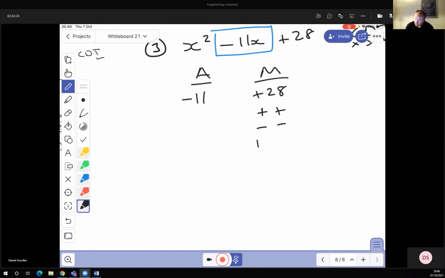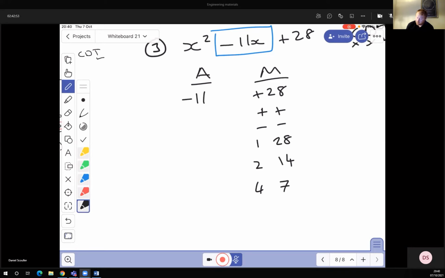All the factors: 1, 28, 2, 14, 3 doesn't, 4 does, 5 doesn't, 6 doesn't, 7 does. So that's the three pairs of numbers we can multiply together to make 28.